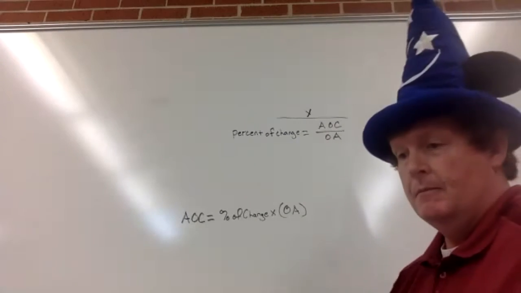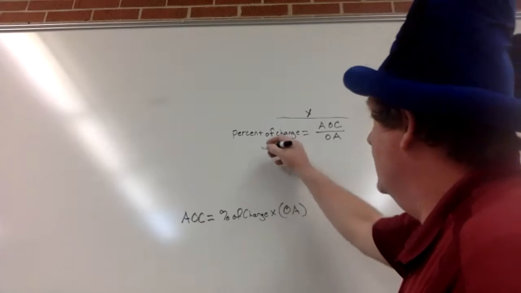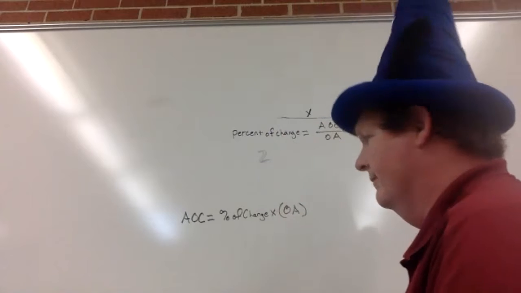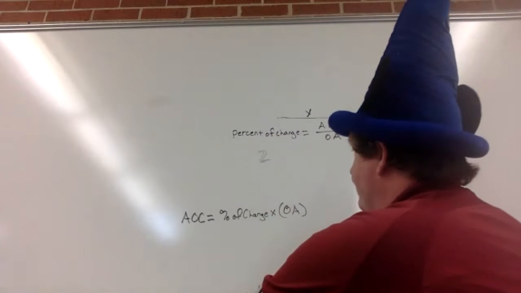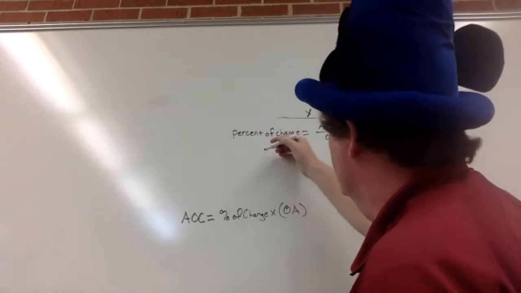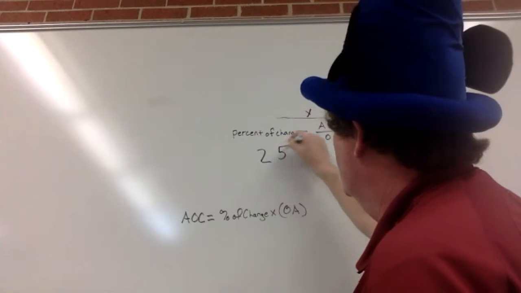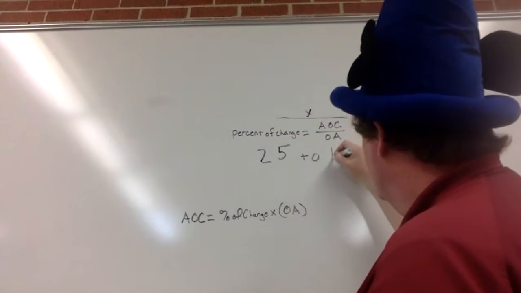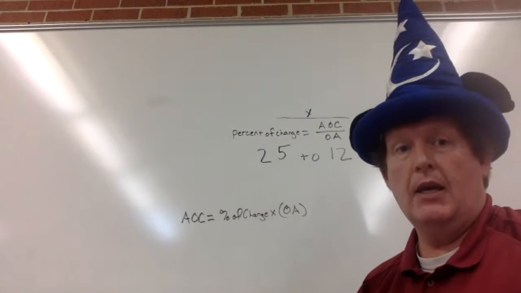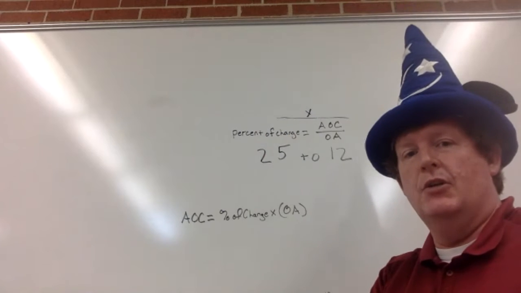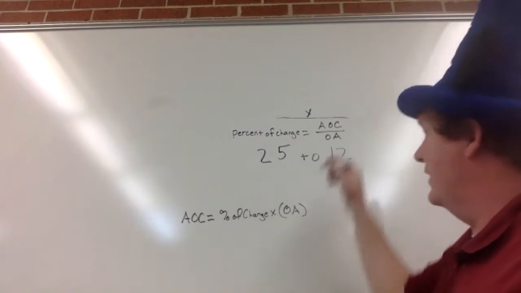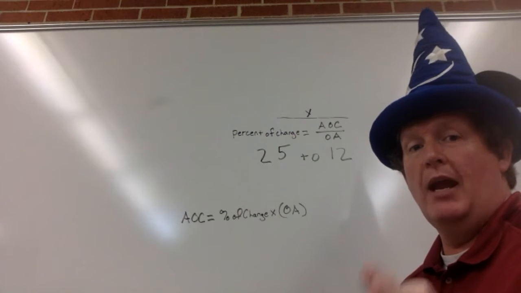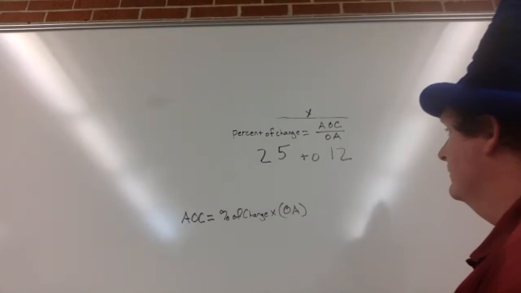So we look at number 2. It says 25 to 12. Okay, so the first thing we got to do is find what the amount of change is. So our first step is to do a subtraction problem.